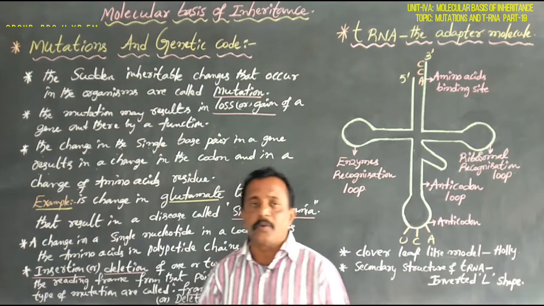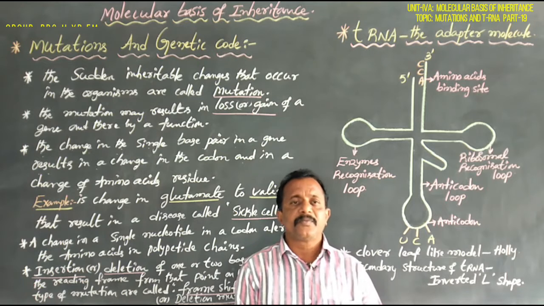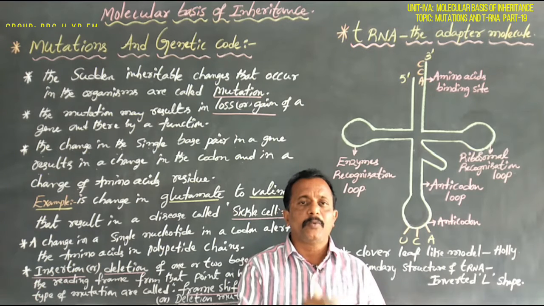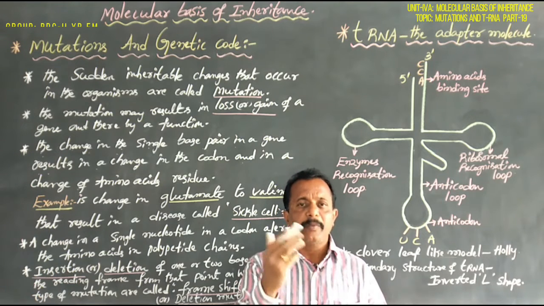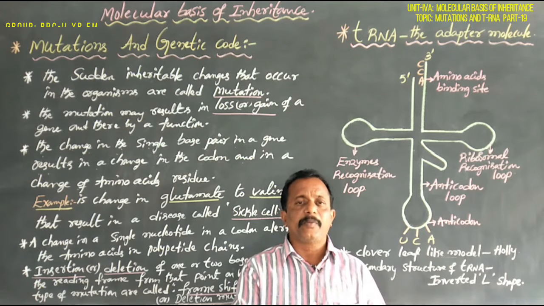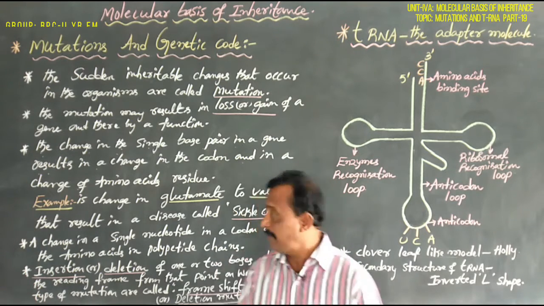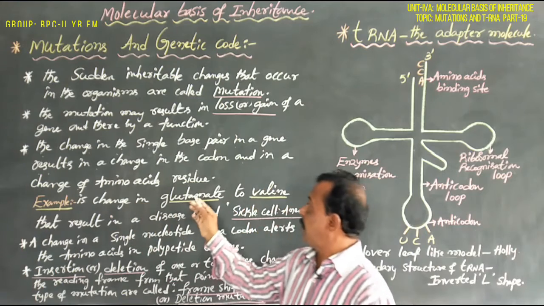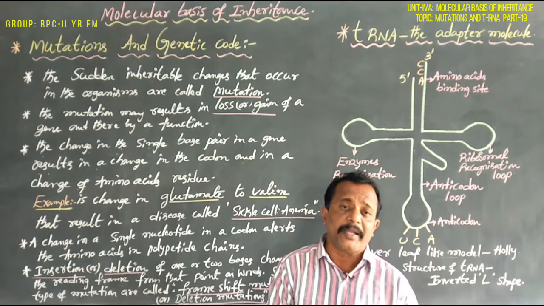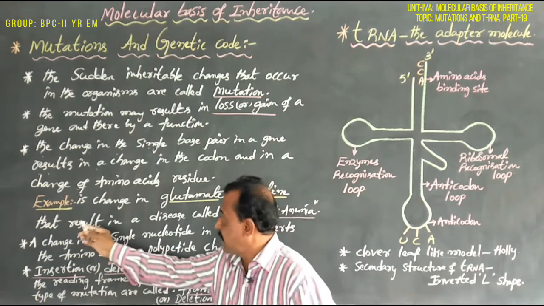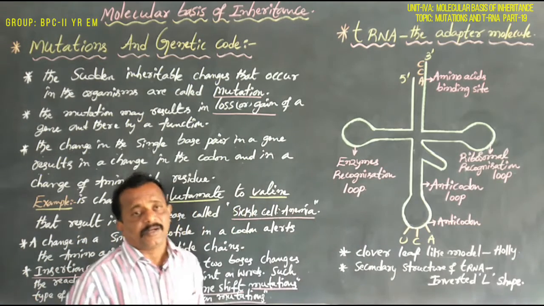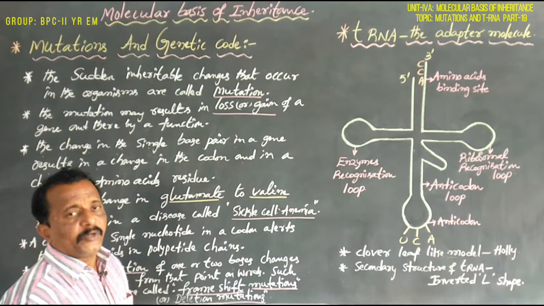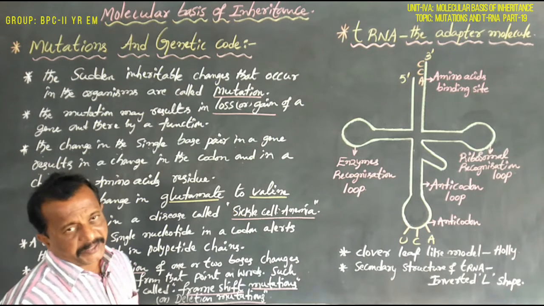For example, human red blood cells contain the hemoglobin pigment, which has alpha and beta polypeptide chains. In the beta chain glutamate changes to valine, resulting in sickle cell anemia, a disease caused by point mutation, a change in a single base pair.